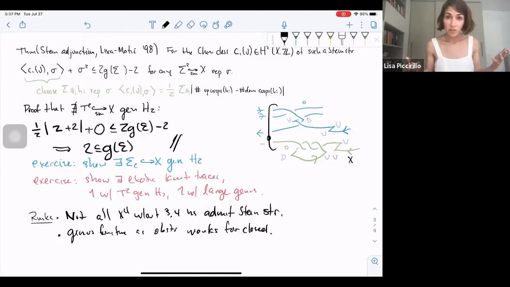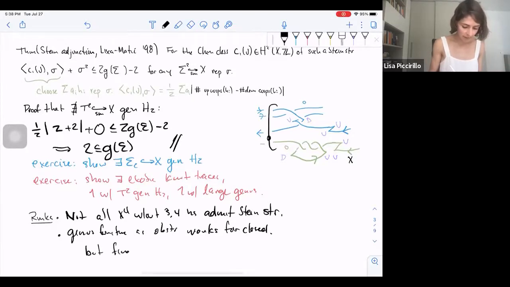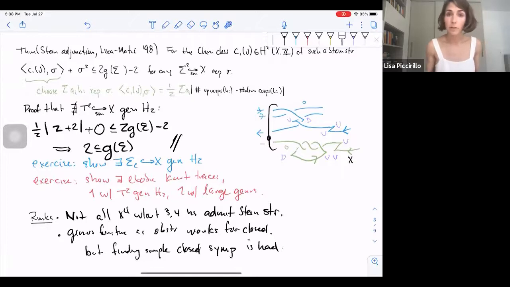We got ours from the Stein adjunction inequality. That really came from having this symplectic structure on our manifold. And what's not going to be so easy in closed is finding symplectic or really nice geometric structures on really simple closed manifolds. So maybe let me just write that: finding simple closed symplectic is hard. There is some kind of adjunction inequality for closed symplectic manifolds, not quite this. And if you want to know more about why this is so hard, you should go to Samira's talk later today.